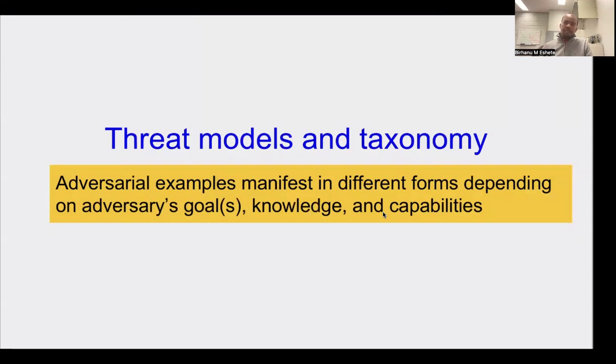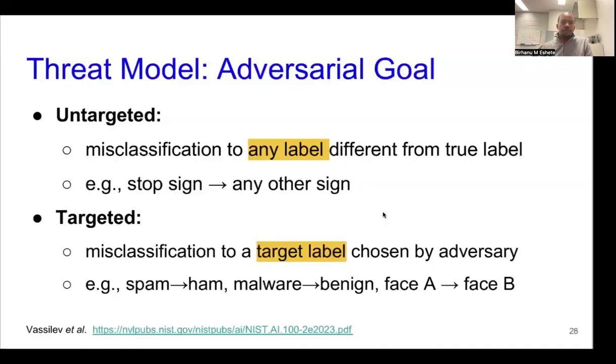So the adversarial examples that we talked about show up in different forms depending on the goal of the adversary, what the adversary wants to achieve, what the adversary knows about the model and so on, and what the adversary can do, or the capabilities of the adversary.